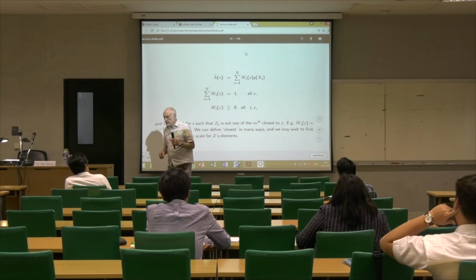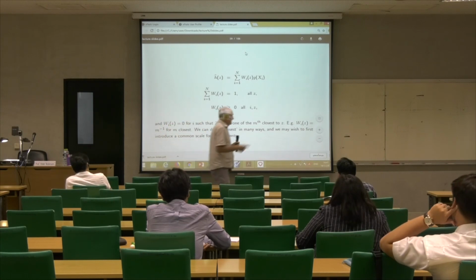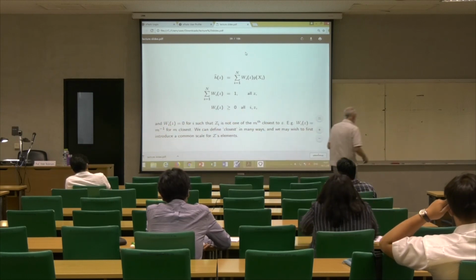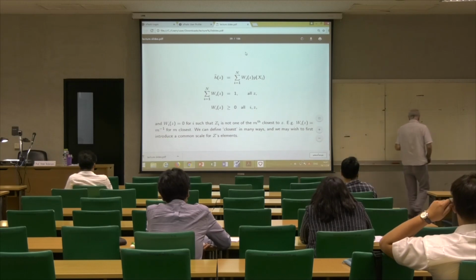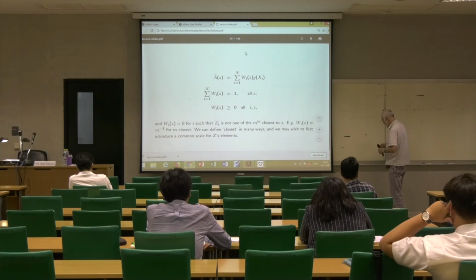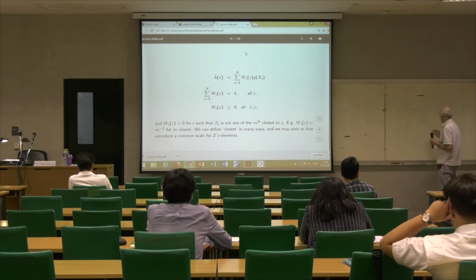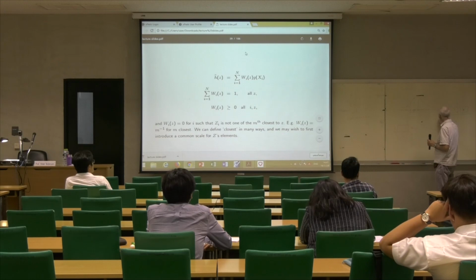So, just to compare a bit with what we were talking about with the kernel estimation. The idea here is, in some ways, this idea extends a bit better, I think, to multivariate data. Imagine we've got these points here, and we're interested in estimating at some point there.